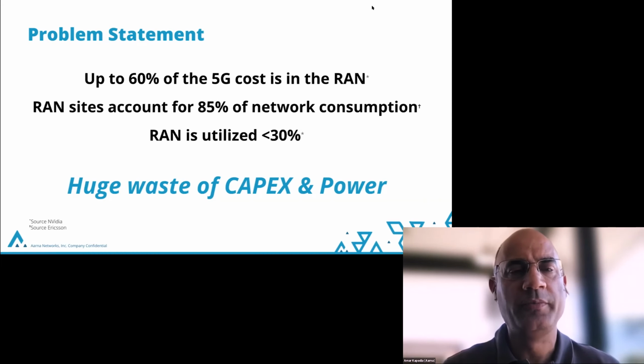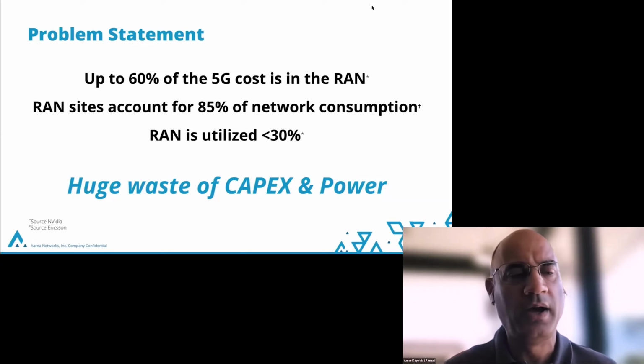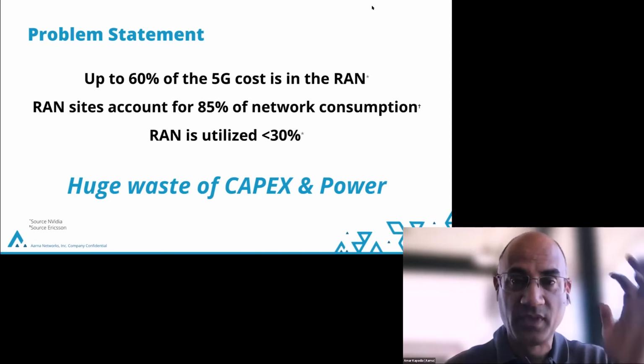According to a source from Ericsson, RAN sites account for 85% of the network consumption. It didn't directly correlate it to power, but I'm using that as a surrogate for power. So most of the power for the mobile network is also consumed by RAN. Tragically, the RAN is utilized only 30% at the maximum, somewhere between 20 to 30%, I think, according to the sources, NVIDIA.